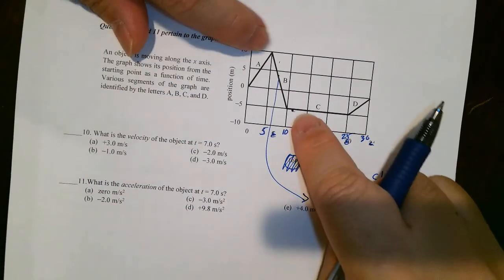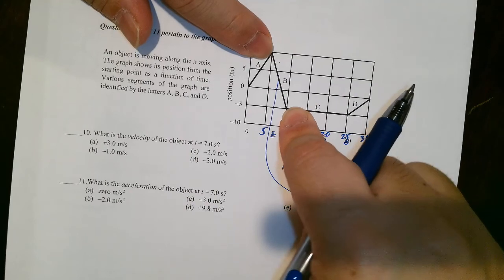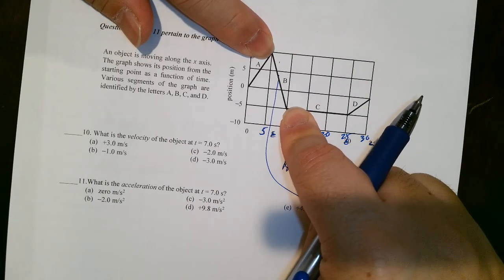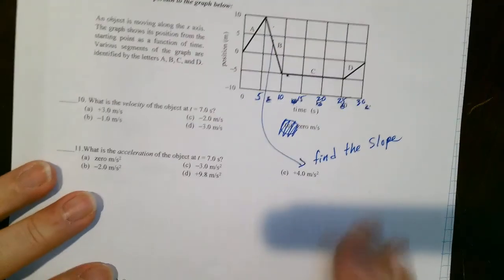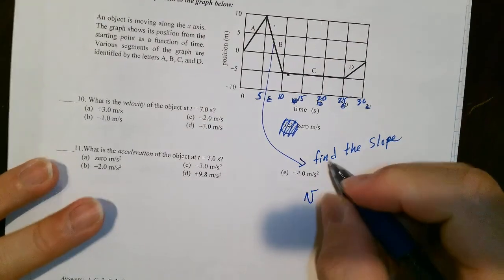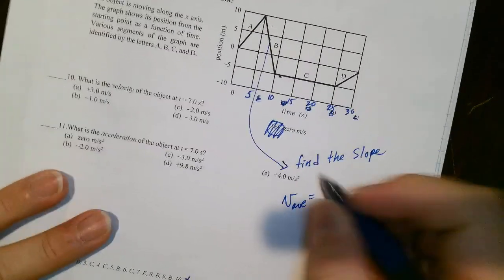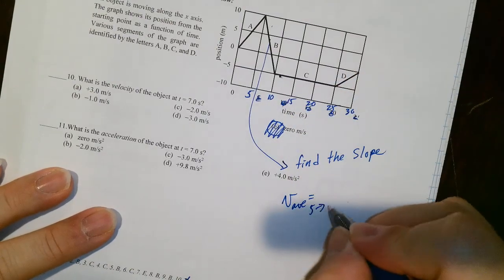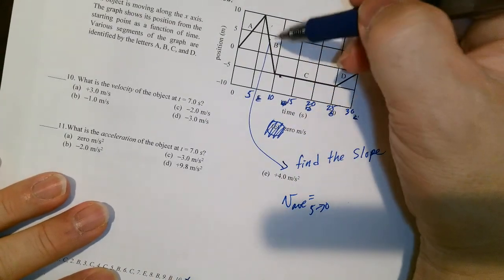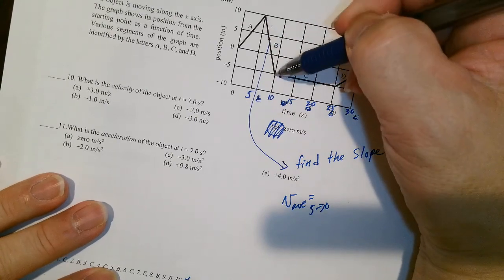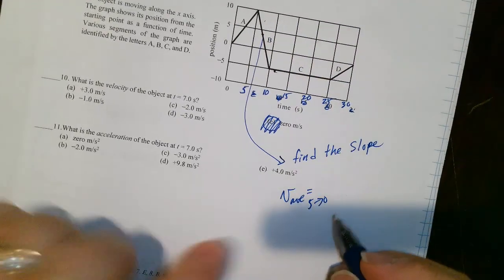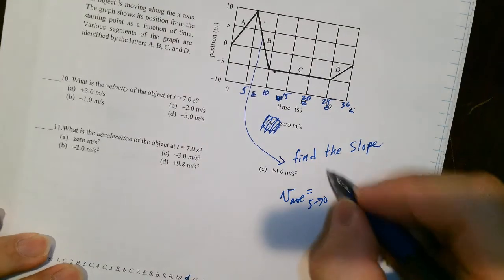If I were to find the slope between 5 and 10, I think that would pretty much handle it. Does that make sense? All right. So here, my V average between 5 to 10 is the instantaneous velocity at 7 as well. Anywhere between 5 and 10 seconds, my instantaneous velocity is the same as my average velocity.